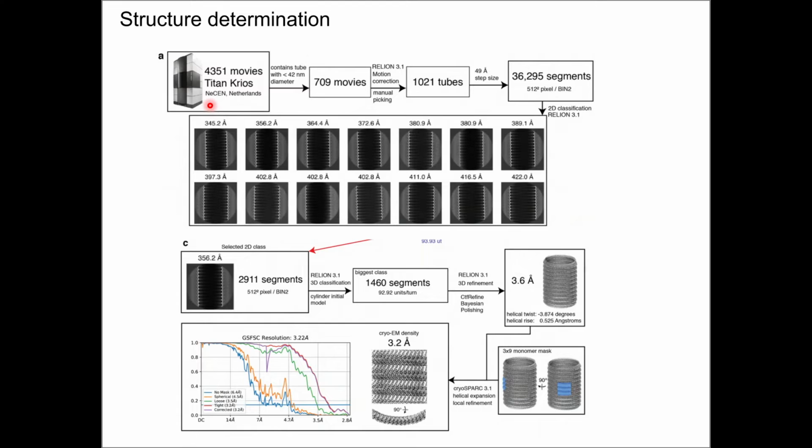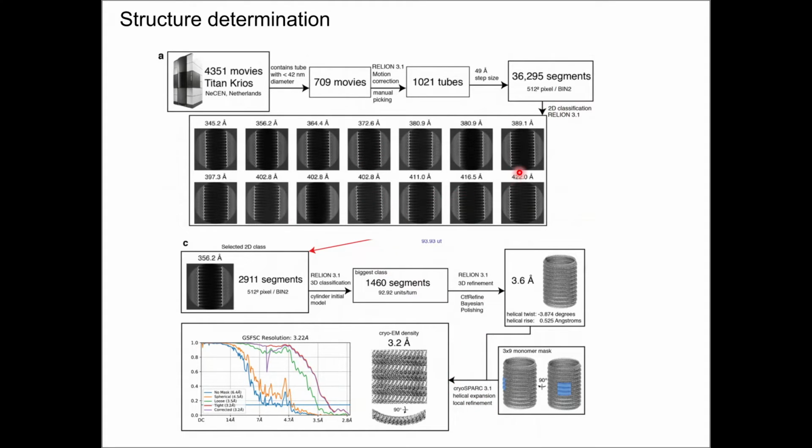In terms of their cryo-EM workflow, they collected data on a Krios. They filtered movies based off which movies had the smallest gas vesicles in them. I don't really know how people do helix reconstructions, but they did that with Relion and then switched to CryoSPARC later on.